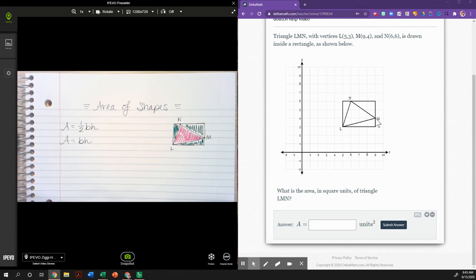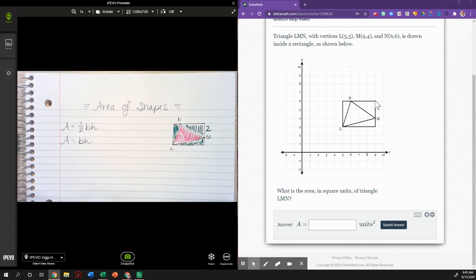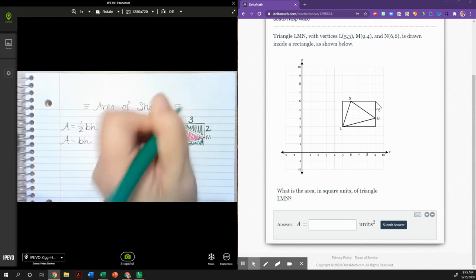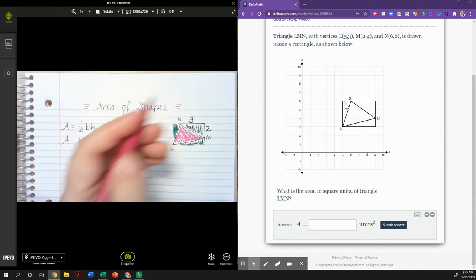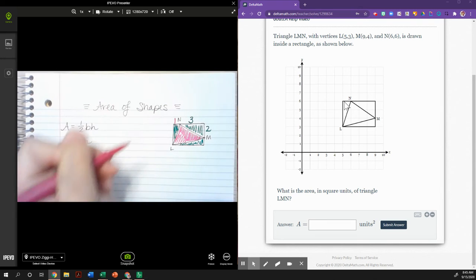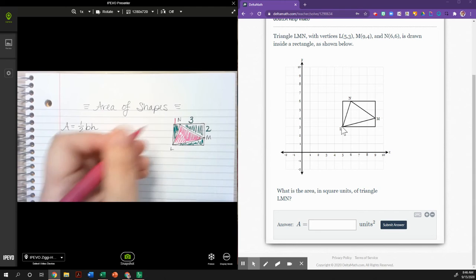Okay, so for M, when I count from here, it's 1, 2. So the side length right here is 2. For N, 1, 2, 3. Okay, so there's that triangle. All right, and then this N from here to here, that's 1. And then from here down is 1, 2, 3.